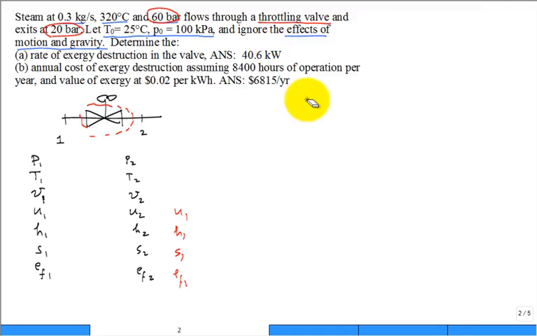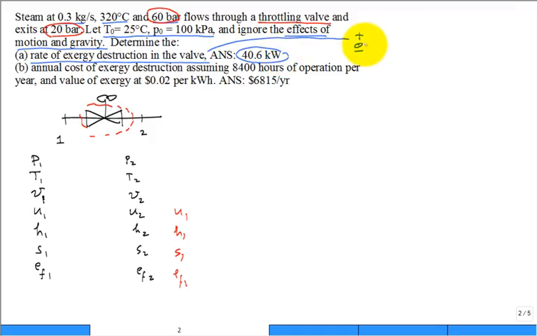So I'm going to say that probably on an exam like this, you need to be able to solve for the rate of exergy destruction in the valve. Do you think that would be positive, negative, or equal to 0? What do you think the rate of exergy destruction in the valve is going to be? Positive. And it's going to be positive 40.6 kilowatts.